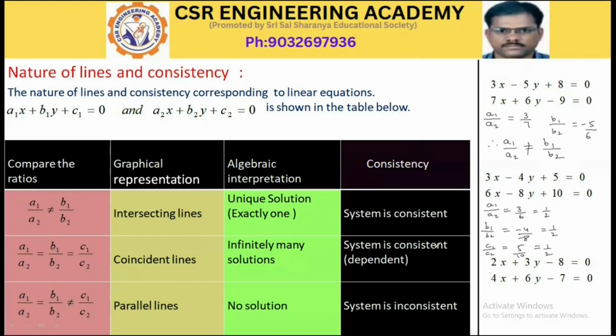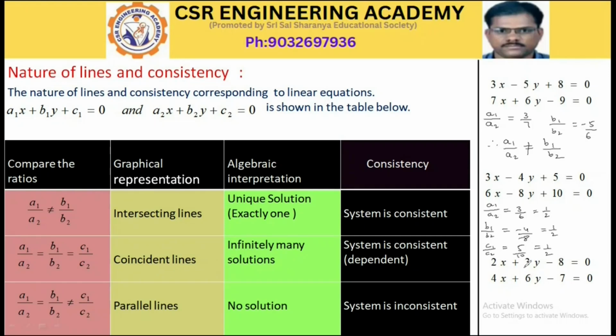System is consistent, dependent and having infinitely many solutions. These two lines coincide with each other, that is coincident lines.